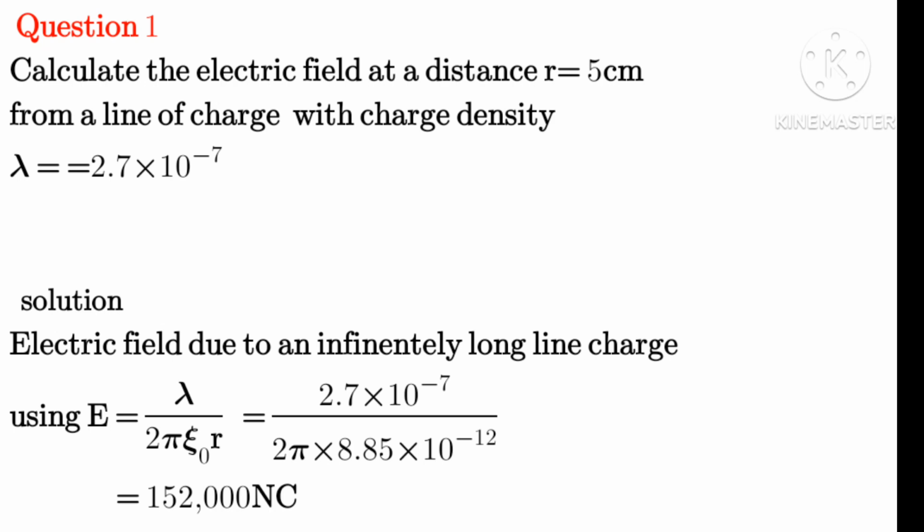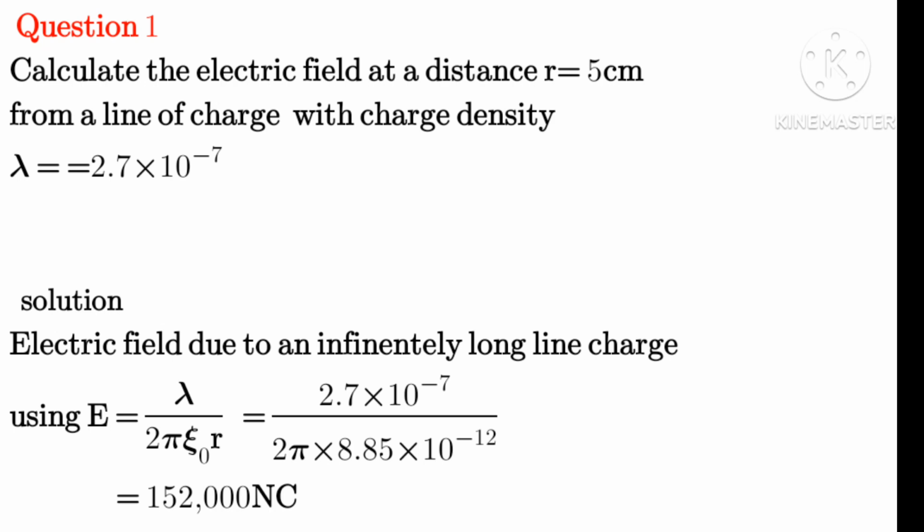Since the distance is already given as 5 centimeters, we input all our respective parameters, and we have our final answer to be 152,000 Newton per coulomb.